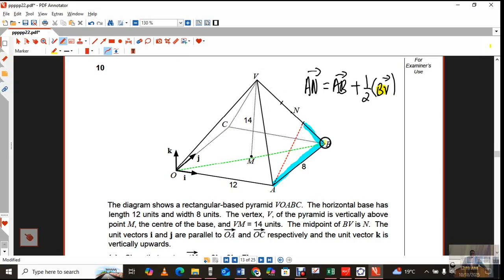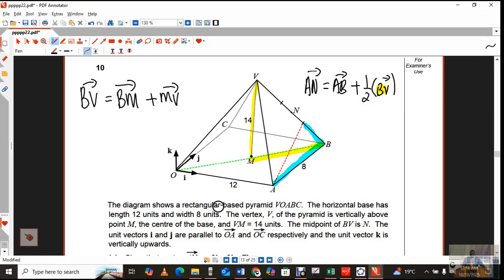I'm going to go this direction, then I'm going to go up there. Okay, so let me just also write that one down. I'm going B to V. B to V is BM plus MV.